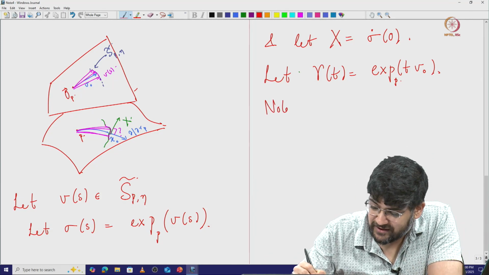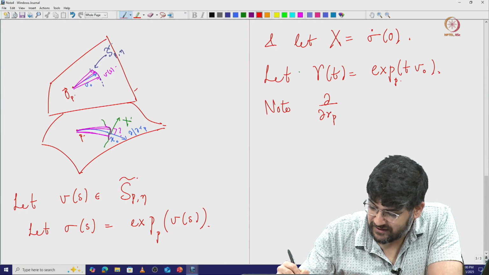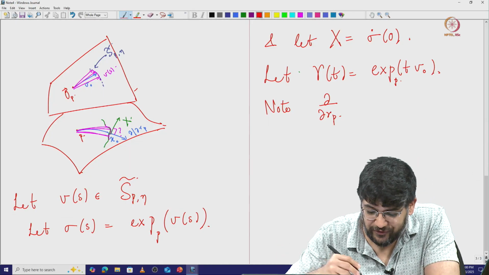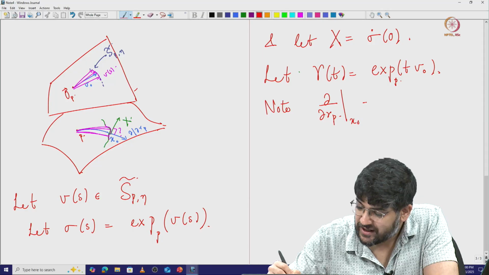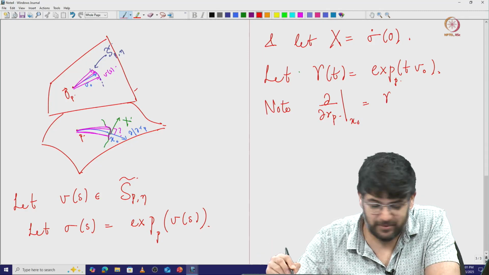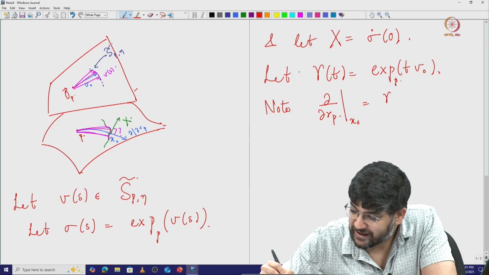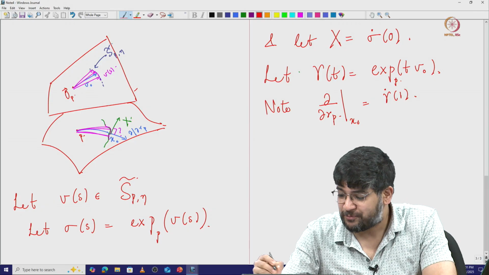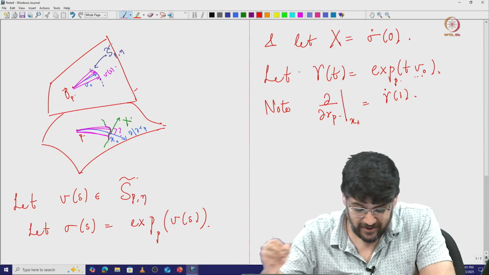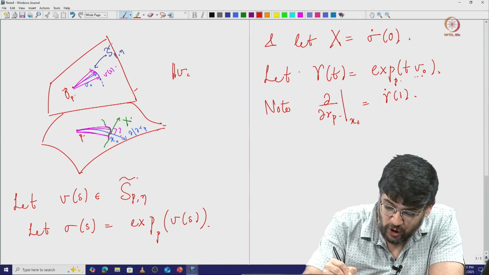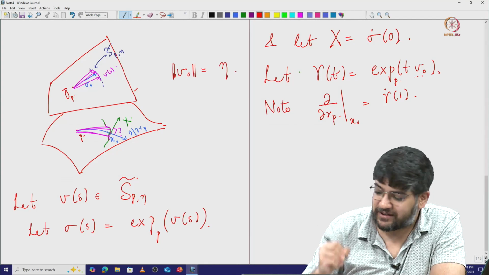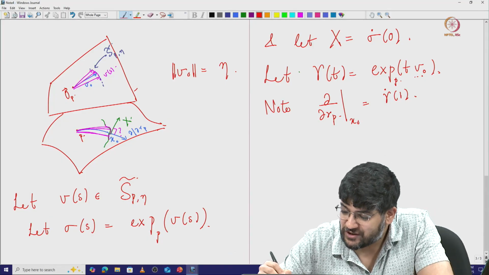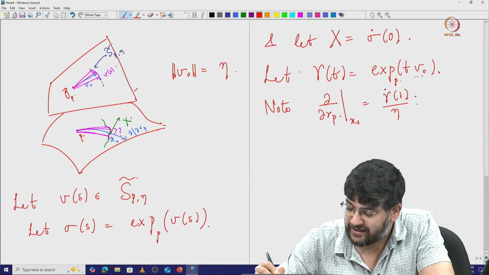So note that the radial vector field at the point x naught is precisely the velocity vector, right, up to a factor of eta. Why up to a factor of eta? Because v naught, remember, has norm eta. On the other hand, the radial vector field has norm 1. So this is going to be this divided by eta, right.